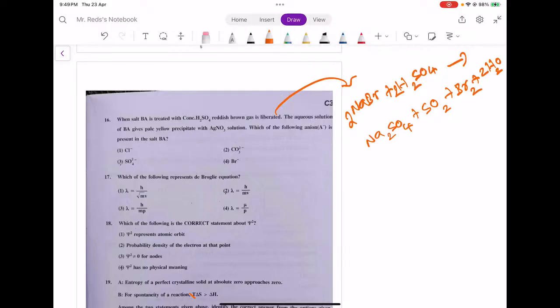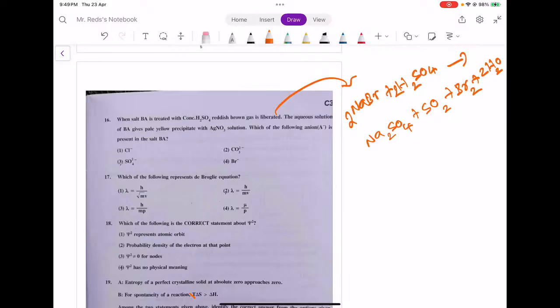So now, when salt B is treated with concentrated sulfuric acid, a reddish brown gas is liberated.